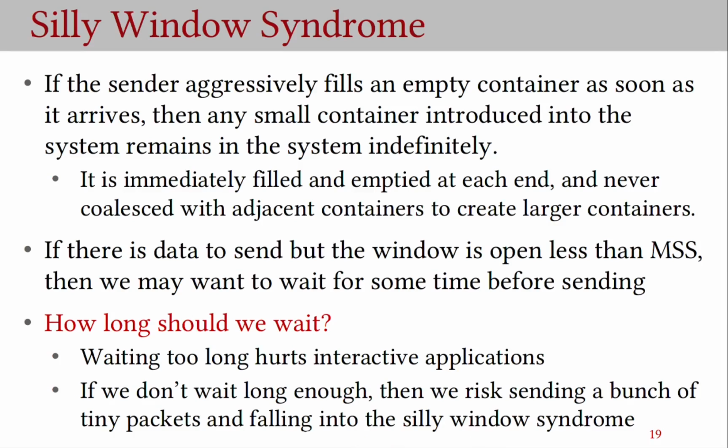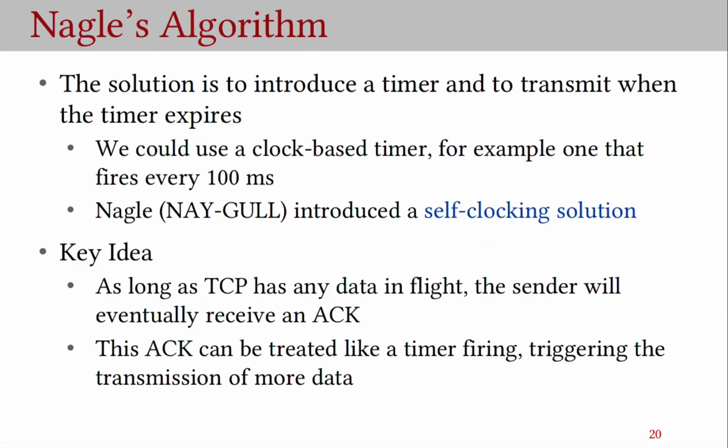So the solution to this problem is to introduce a timer, and the sender waits until the timer fires. If it accumulates enough data, then it sends immediately, but if it does not, then it waits for the timer to fire. We could use some clock based timer, but then it would not be appropriate for all sorts of applications, right?